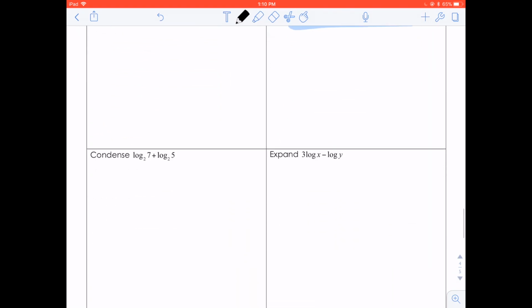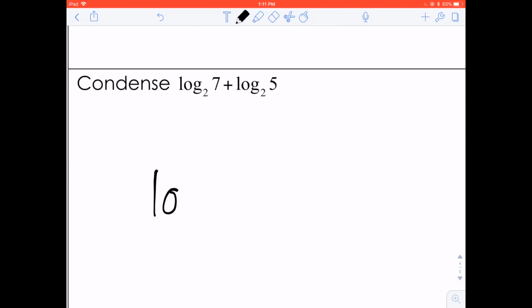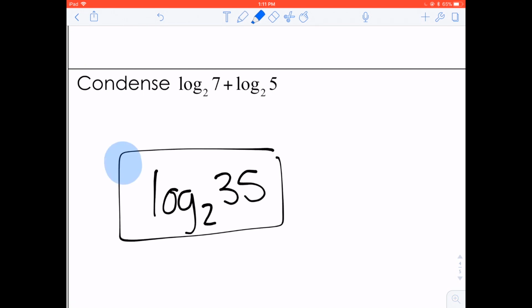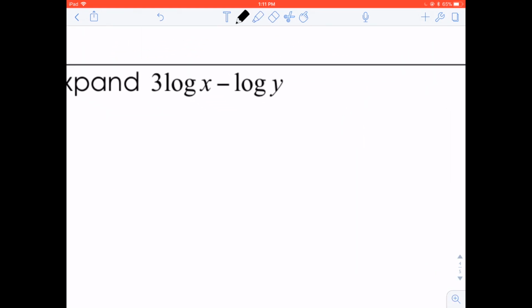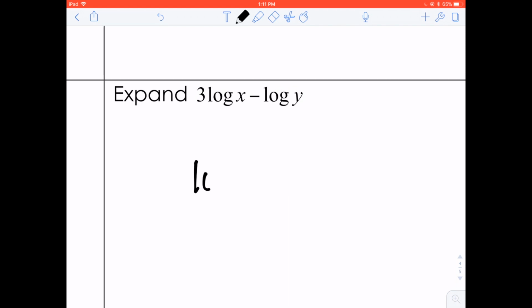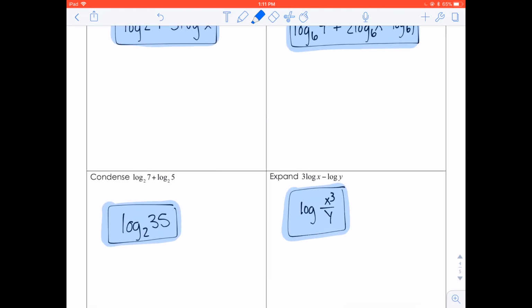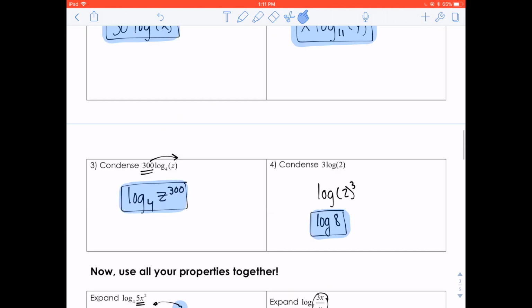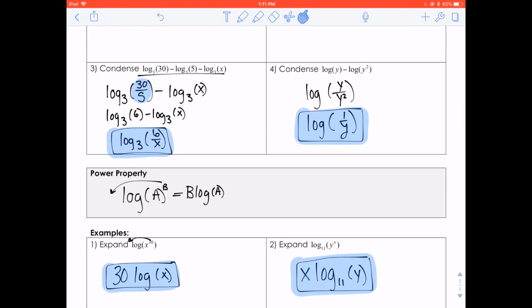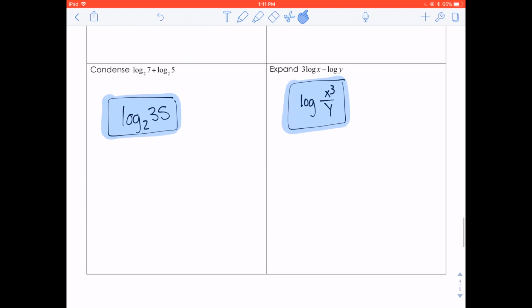Okay, our next one down here should end up being log 2 of 35 just by multiplying 7 and 5 together. And our other one should end up being log x to the third over y. All right. If you have any questions on those, please refer back to these earlier notes talking about your properties because those tell you everything you need to know.